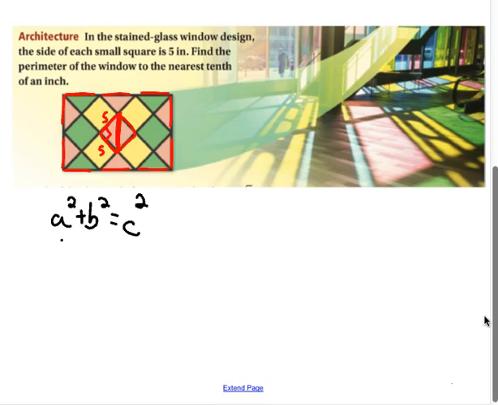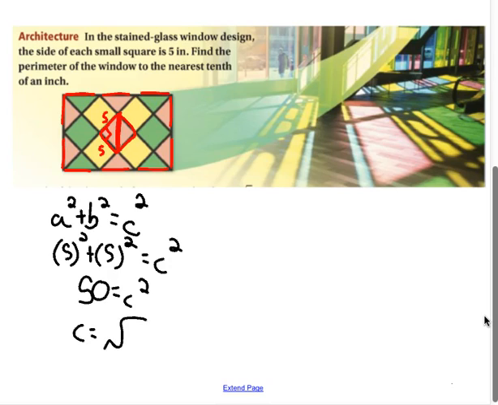Because I have 5 squared plus 5 squared, okay, those two legs of the right triangle, and I want to know what is the diagonal piece, what is the hypotenuse. 25 plus 25 is going to be 50. So that diagonal piece is going to be the square root of 50, okay?